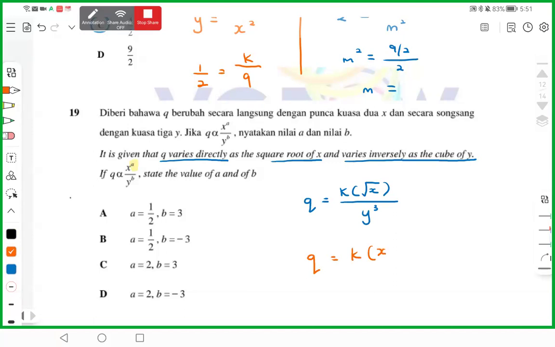Yeah, power 1 over 2. Okay, so this one is no problem now. Y cube now. So what is the value of a and b? You got the answer. Yeah, so sometimes they relate a little bit with other chapters, other topics like indices. But the variation is very simple and direct.